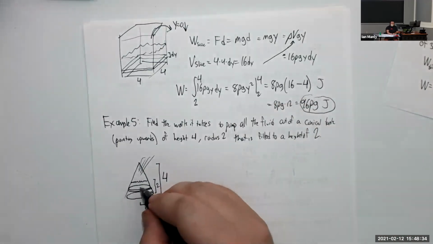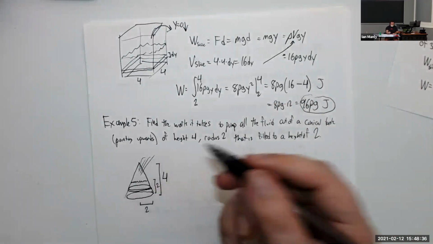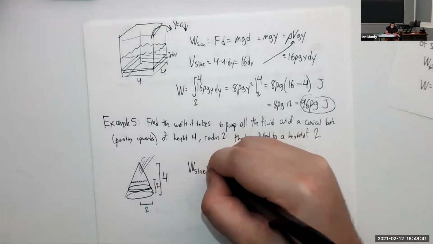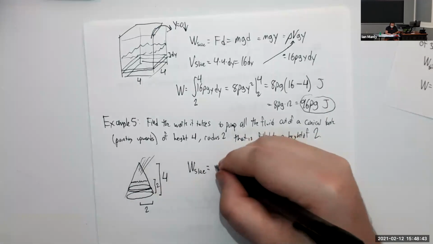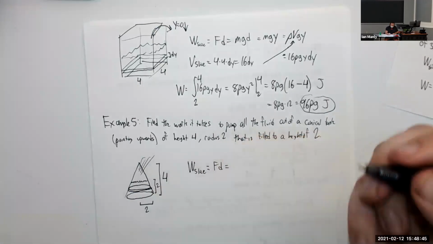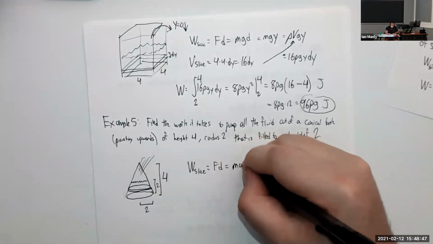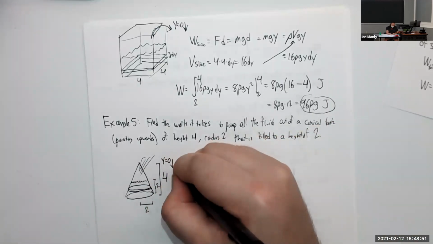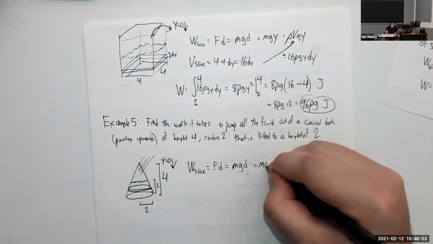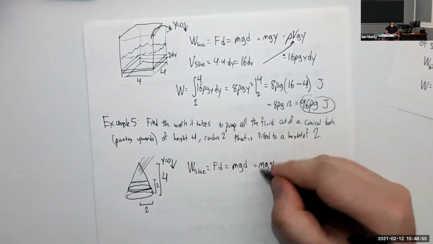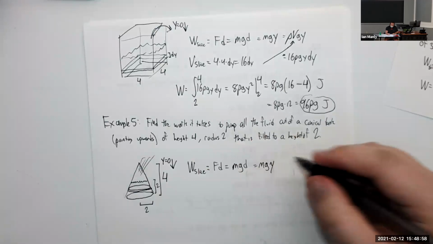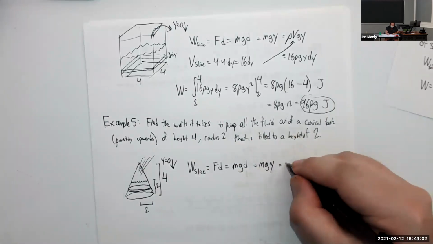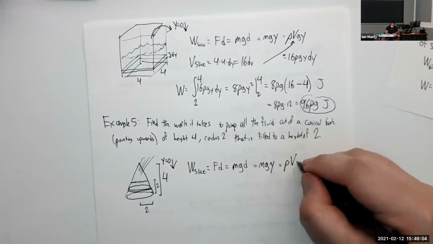So the work on one slice, well, we have the force times distance. The force, once again, is gravity. We're going to define y equals 0 up here and increasing downwards. So we have mgy. For most of these problems, you can honestly just go to here to start with. For mass, we know the mass is the density times the volume of our water.